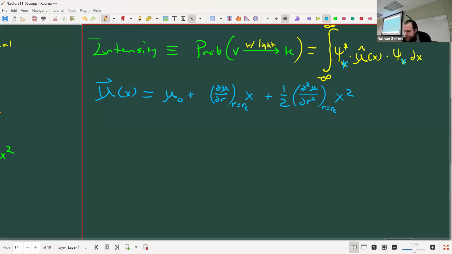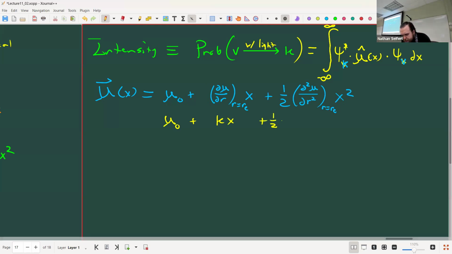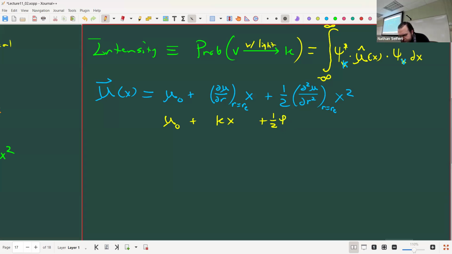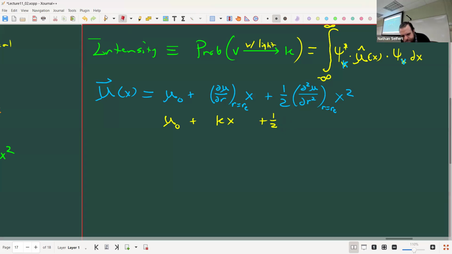I'm just going to relabel this as mu naught plus kx plus 1/2 Q x squared. What's another letter I like? I don't like L. M, N, O, P. Let's just stick to Q. Q and k are just numbers.